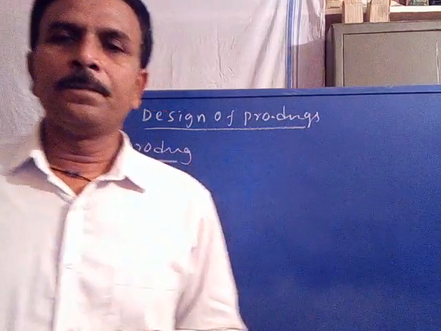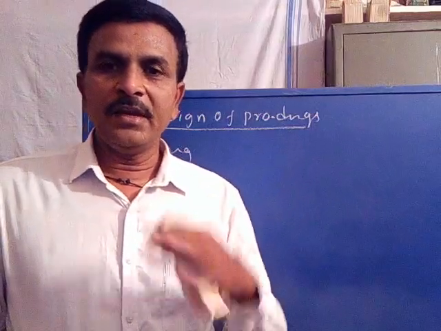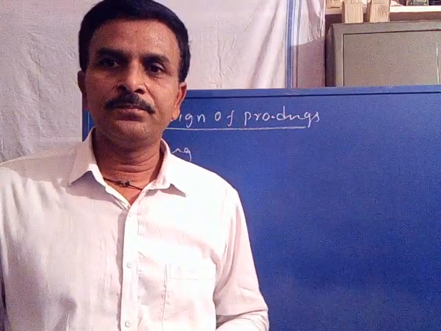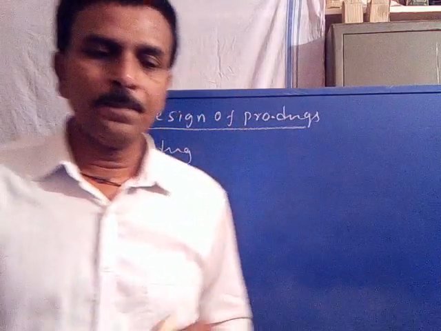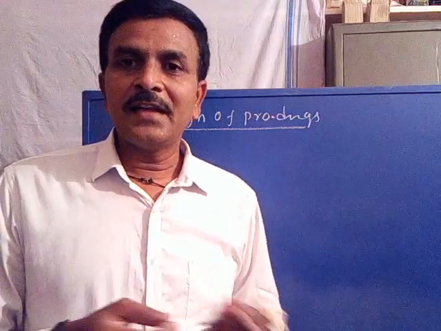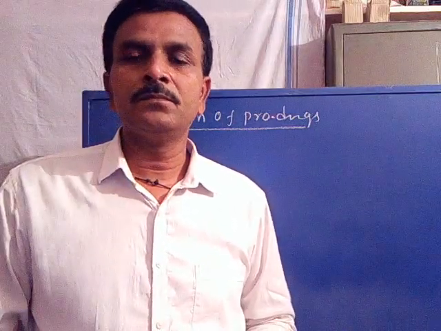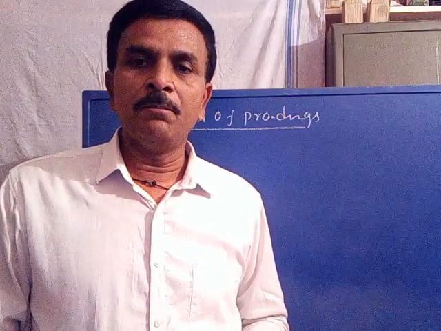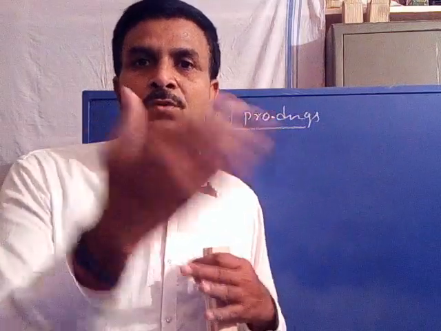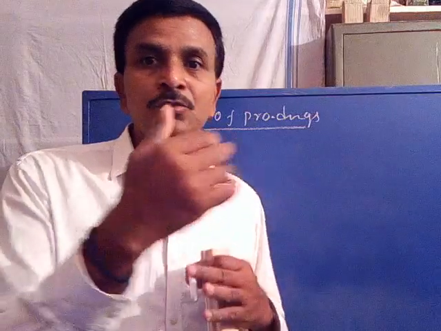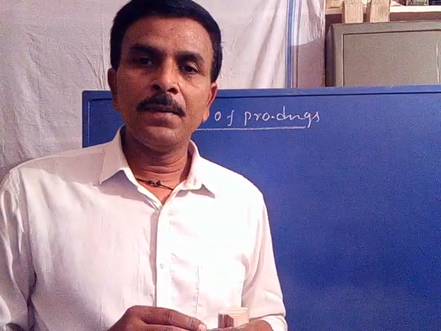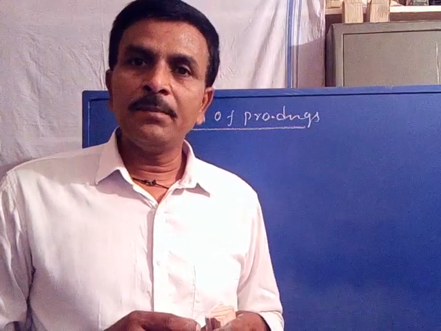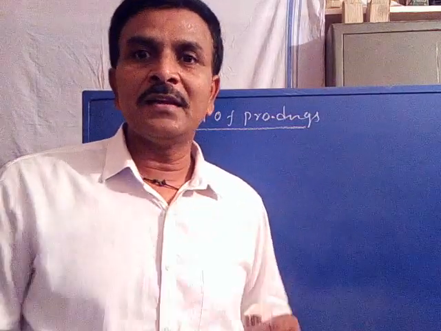Now a drug, at the time of its administration, is in an inactive form. Any drug at the time of its application to the human body is inactive in its form. When it reaches its target, it becomes activated only at the target.